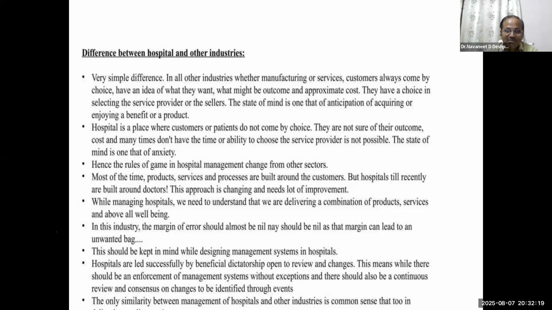Then the only similarity between management of a hospital and other industries is the common sense that is required. So not general knowledge, but a lot of common sense is required in order to provide the services in a hospital, compared to other industries, maybe retail or whatever industry, the business which we are talking about.